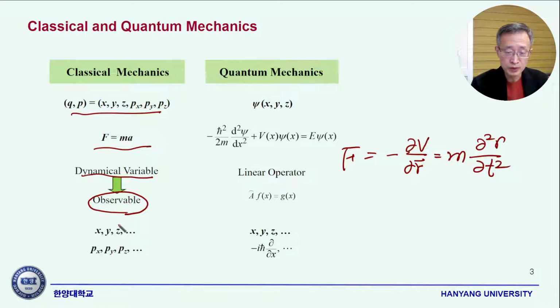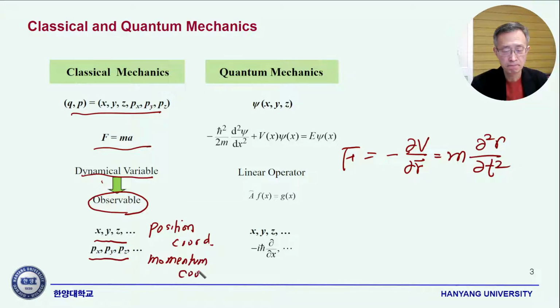Okay, so observables, or dynamical variables, are x, y, and z, the position coordinates, and then px, py, pz, the momentum coordinates. This is how we describe motion, or state, in classical mechanics.